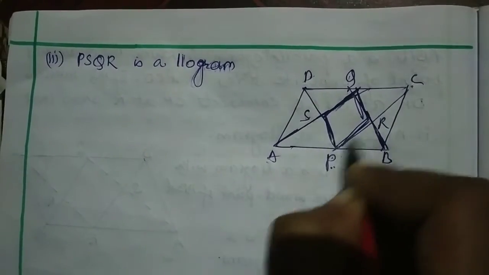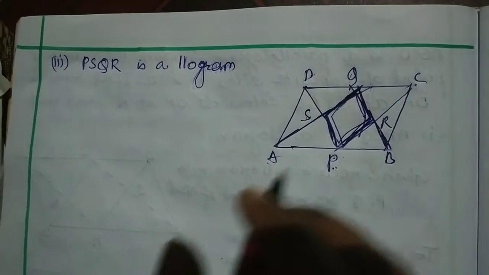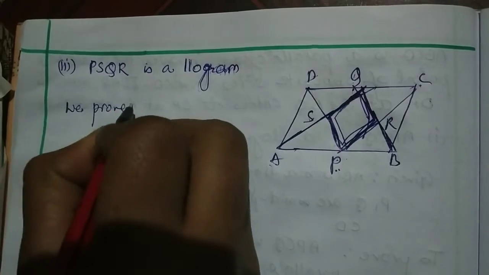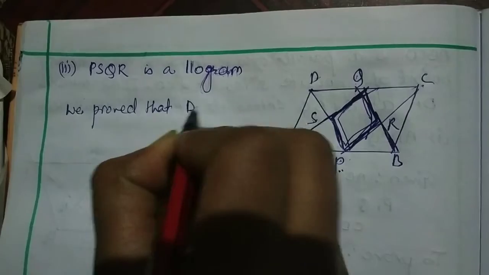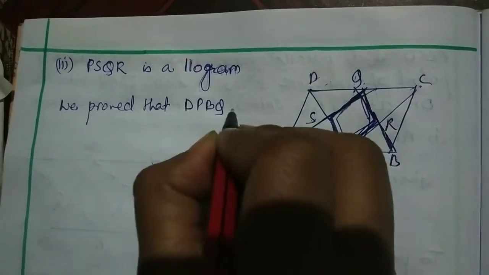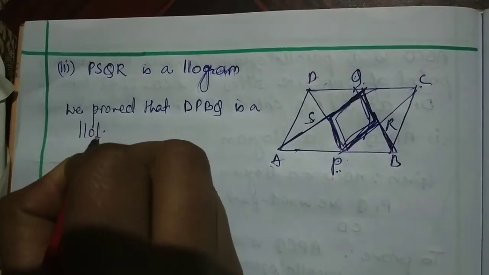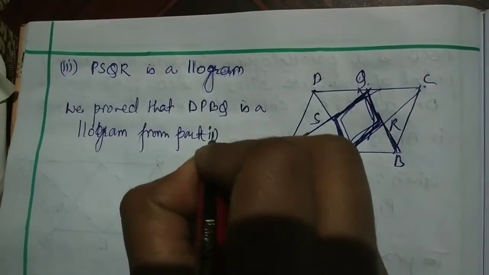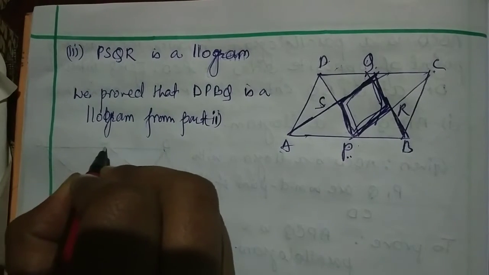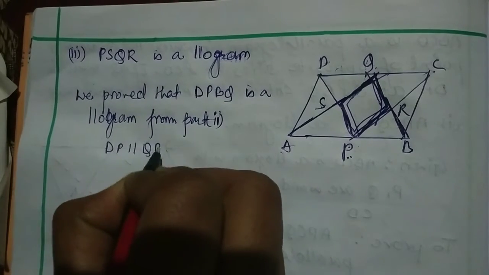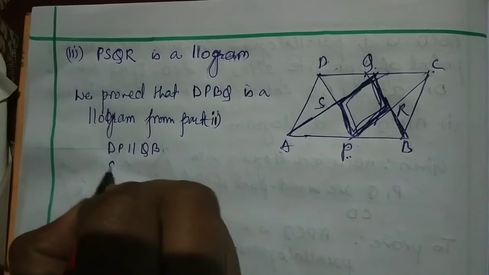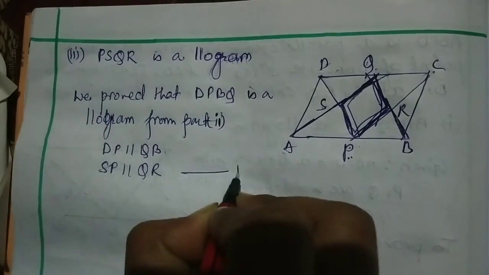We proved that DPBQ is a parallelogram. From part 2, we get that DP is parallel to QB, as opposite sides of a parallelogram are parallel, and SP is parallel to QR. This is equation 1.